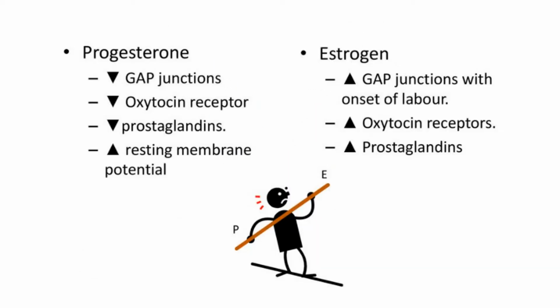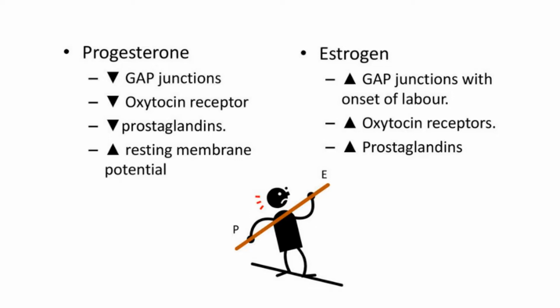So what does progesterone do? Progesterone decreases the gap junctions, it decreases the oxytocin receptors, it decreases prostaglandins, and it increases the resting membrane potential of the smooth muscle. While estrogen increases the gap junctions, furthermore with the onset of labor, it also increases oxytocin receptors and increases the prostaglandins.